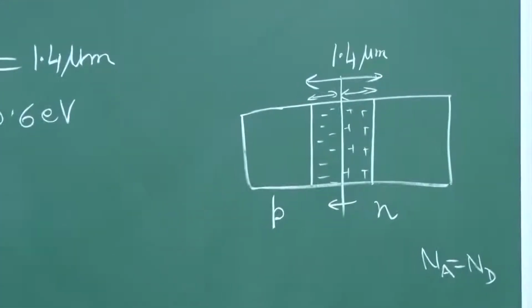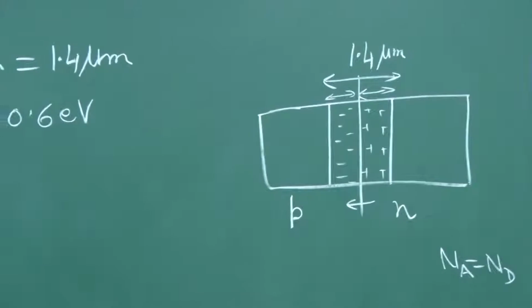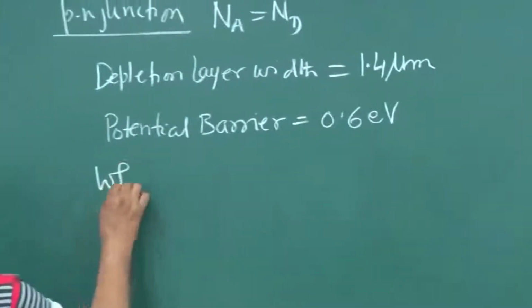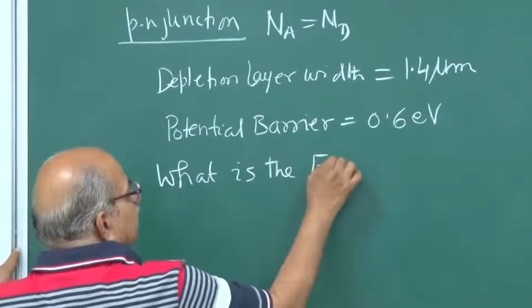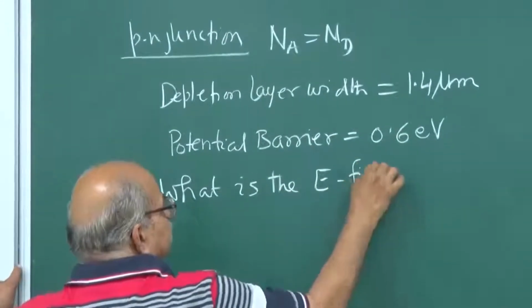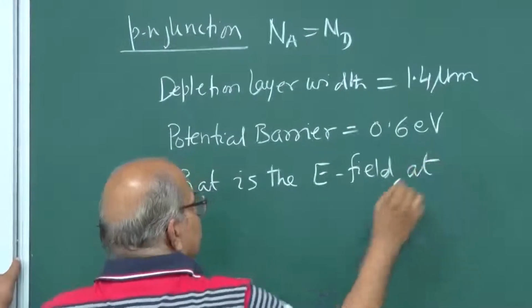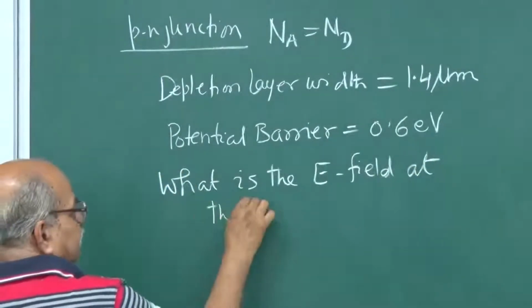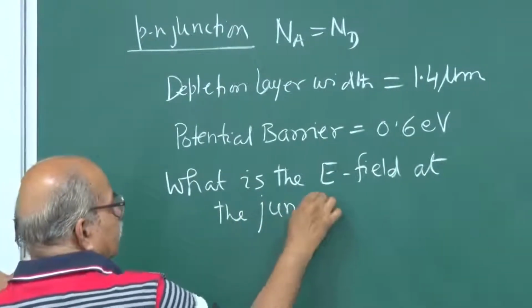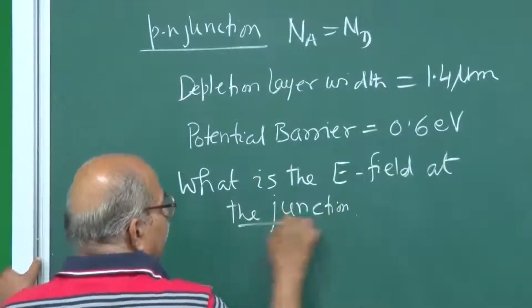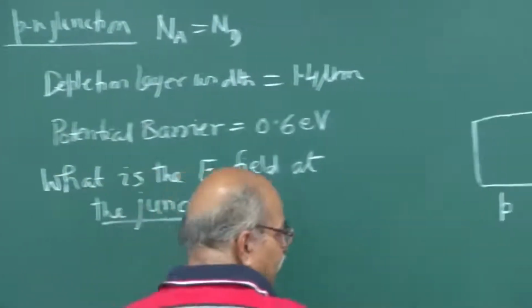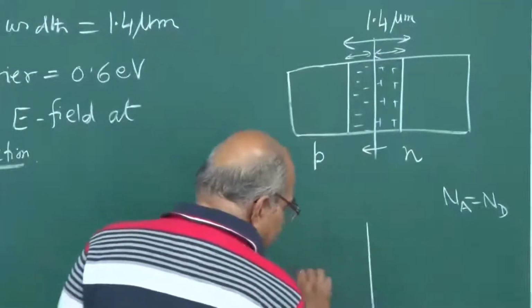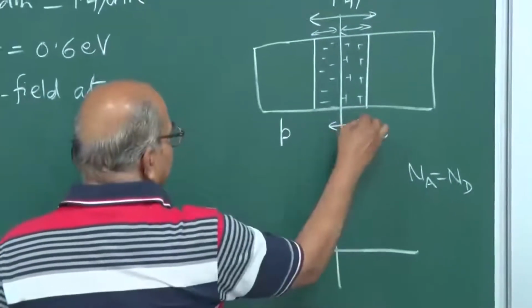And the question is, what is the electric field at x equal to 0, at the junction? If you remember our electric field, this electric field will be in this direction.